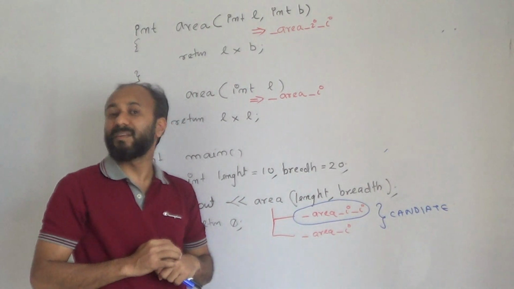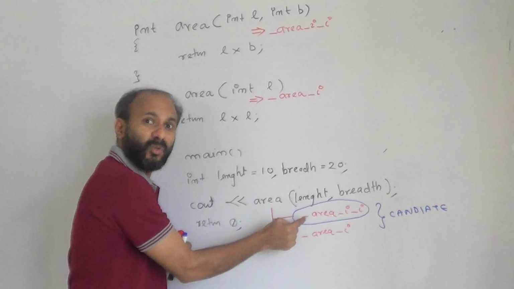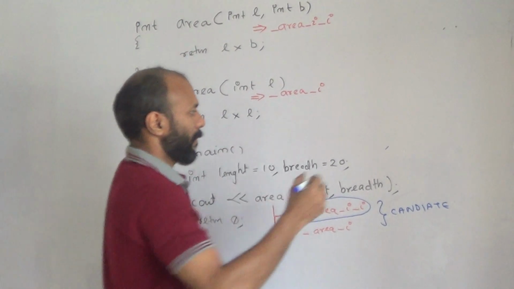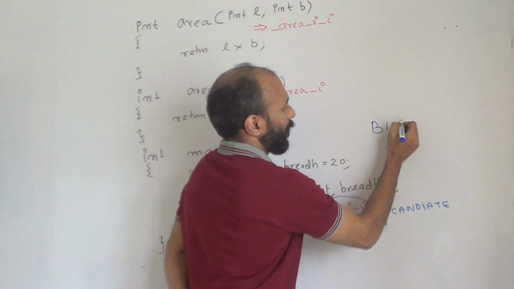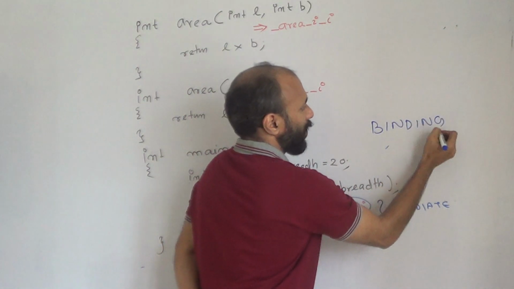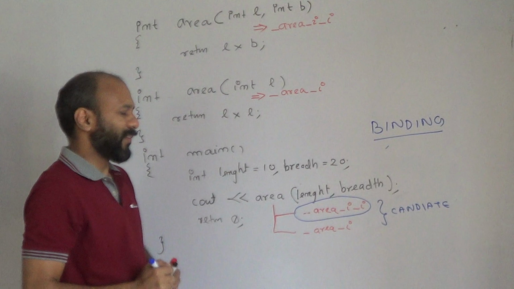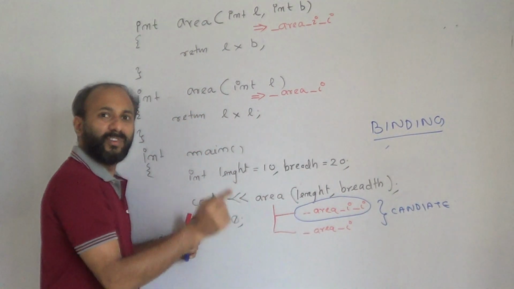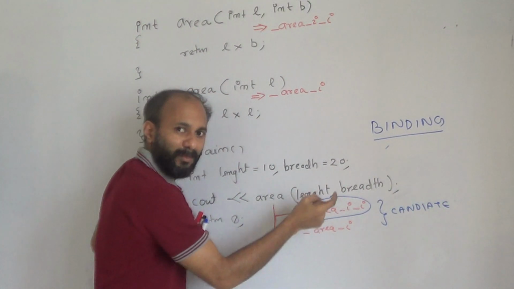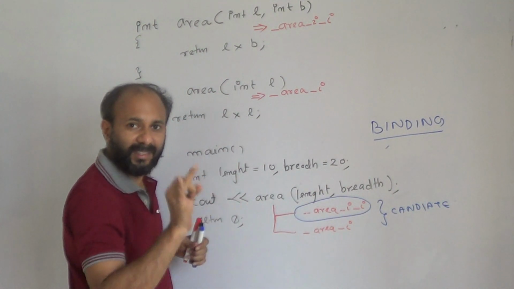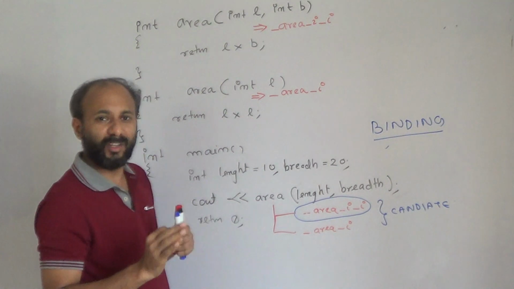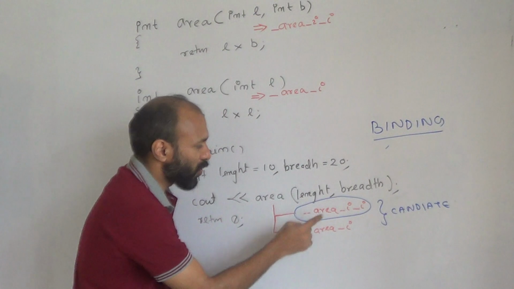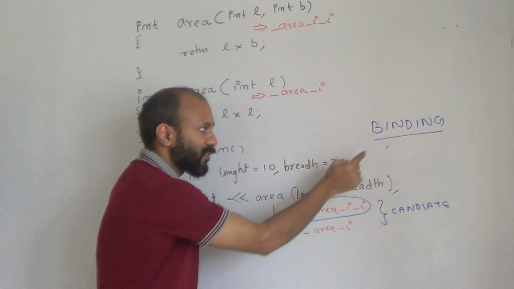Function call resolution means deciding which function is supposed to be called. That process is known as binding. Binding is nothing but, at compilation time, the compiler identifying which function is supposed to be called depending on the number of arguments, type of arguments, and order of arguments. The compiler makes a decision that it is supposed to call this function, and that process is known as binding.